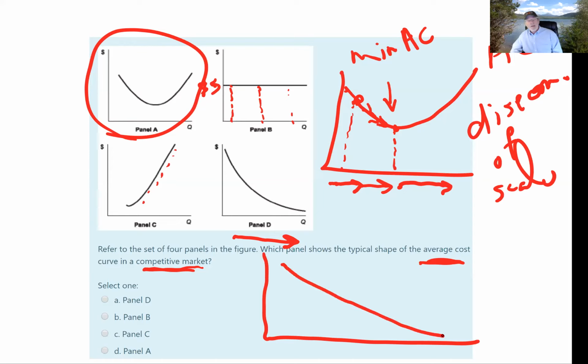Utilities often are natural monopolies: water production or water distribution in a community, electricity generation, things like that. So A is what we would expect.